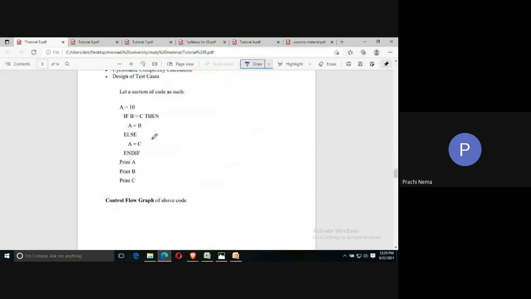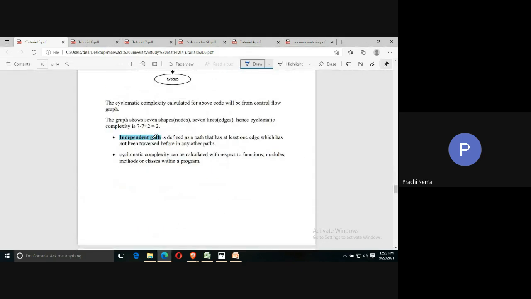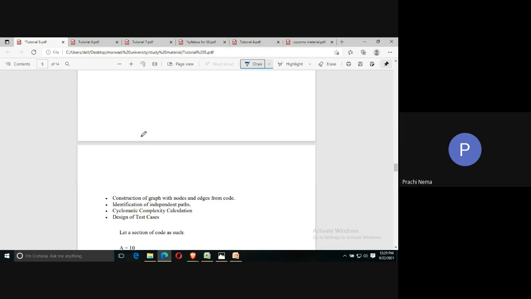Let me show you the definition of an independent path. An independent path is a path that has at least one edge which has not been traversed before in any other path. If you have a few common edges, that is okay, but there must be at least one edge which is completely new, which has not been considered before in any of the paths.